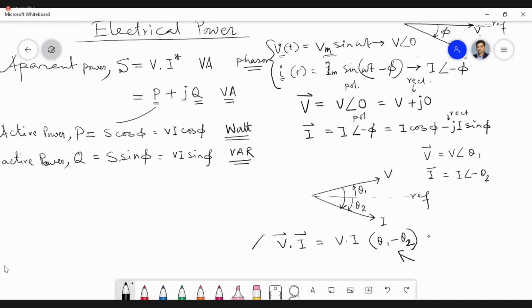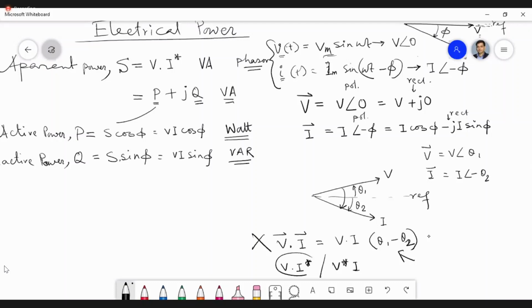So that means this is wrong; you are not getting the angle between voltage and current. To get the angle between voltage and current, you should make at least one term conjugate, either V I conjugate or V conjugate I. Either this or this. The second one also will give you the same thing, theta 1 plus theta 2.